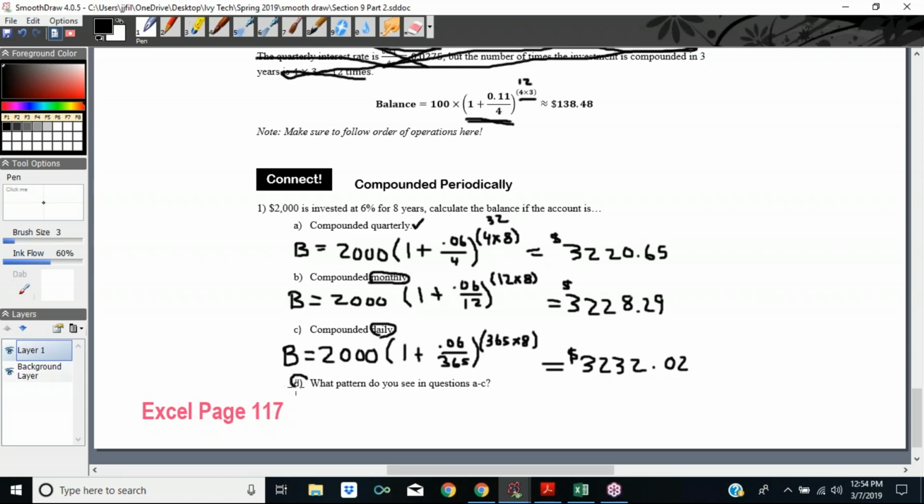And it just wants us to see what pattern there is. So look what's happening. This is 4 times a year, this is 12 times a year, and this is 365 times a year. What's happening to the amount of interest? What's the pattern?